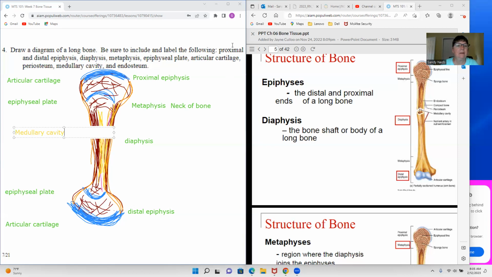Medullary cavity we'll keep in green. And we'll put endosteum in yellow.